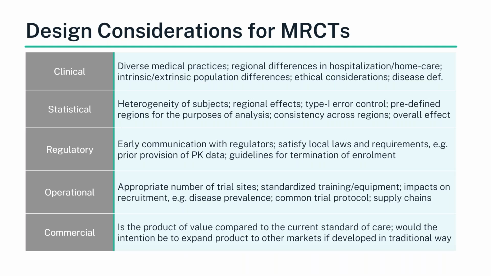There's also supply chain issues. So again, this is a trial that's happening on a global level, and so the test drug needs to be shipped to the various sites at the appropriate times, along with any comparator treatments.